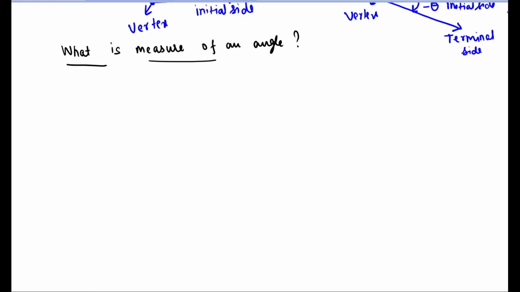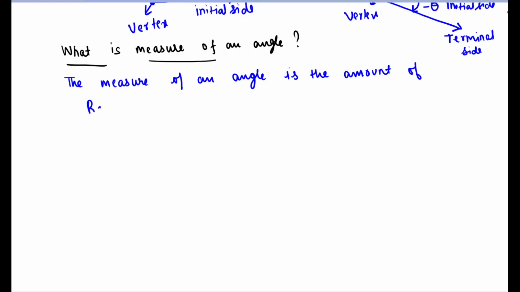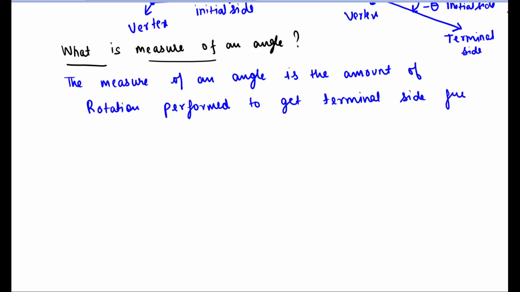The measure of angle is the amount of rotation performed to get the terminal side from the initial side.